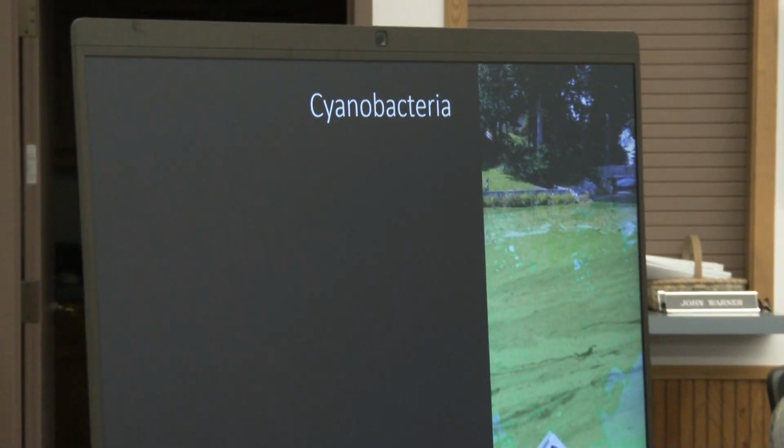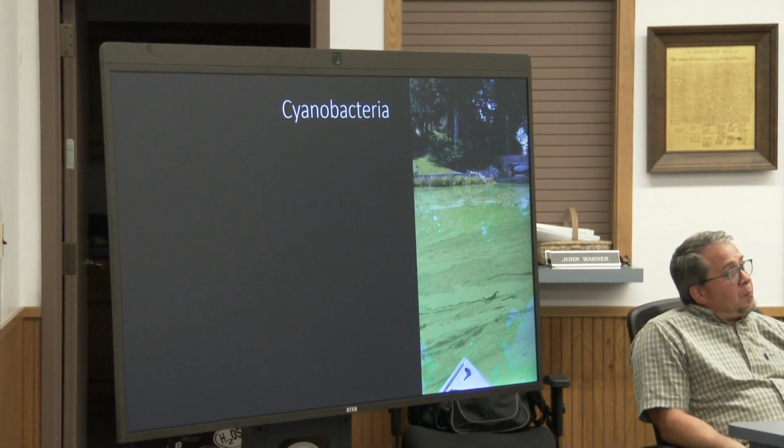Okay, so first thing I wanted to mention is the term harmful algal blooms or blue-green algae are a bit of misnomers because when you hear about harmful algal blooms or blue-green algae, really what you're hearing about is cyanobacteria. Cyanobacteria, as the name implies, are not algae, but they are bacteria.